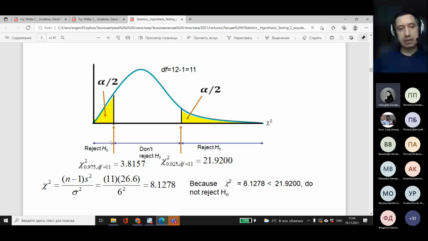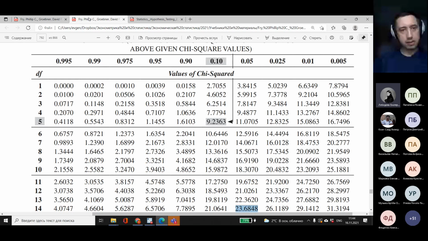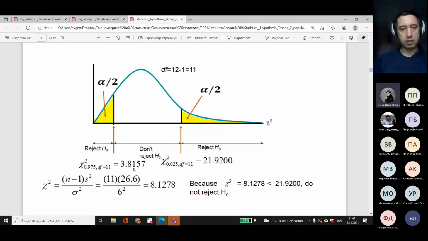But to find the left threshold, you should rely on these borders. 0.975 is for us, and the threshold must be this one, 3.81. And if we see that our estimated chi-squared isn't between the left threshold and the right threshold, we should reject the null hypothesis.